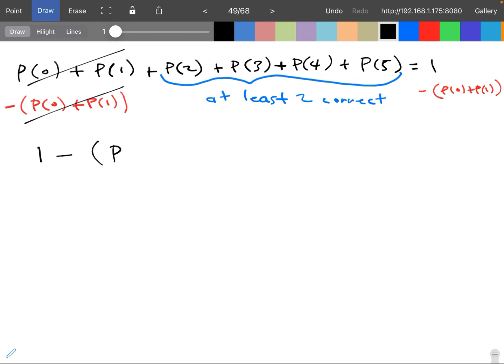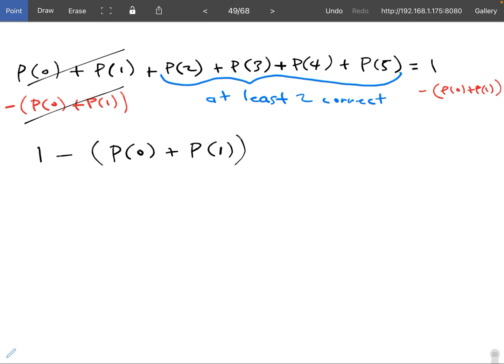We need 1 minus the probability of the 0 correct or 1 correct. That's going to give us our answer. So that's a little bit easier. Now instead of having to do 4 of these things and add them together, I only got to do 2 of these things and add them together and then subtract that result from 1. So that'll save me a little bit of work.